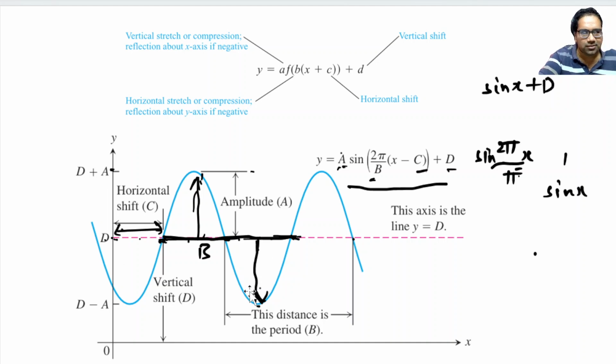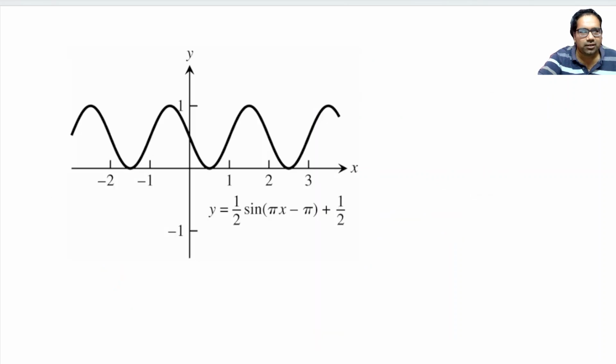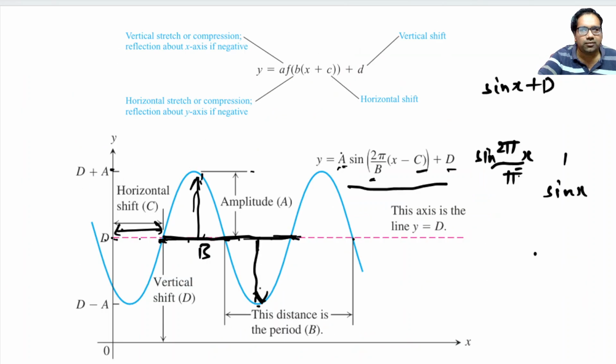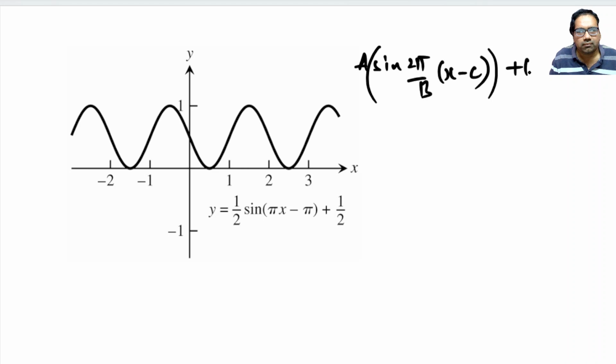Okay, let us use this methodology and derive this for this one. y equal to half sine pi x minus pi plus half. We want to convert everything into this format: A sine 2 pi by b into x minus c, plus d.